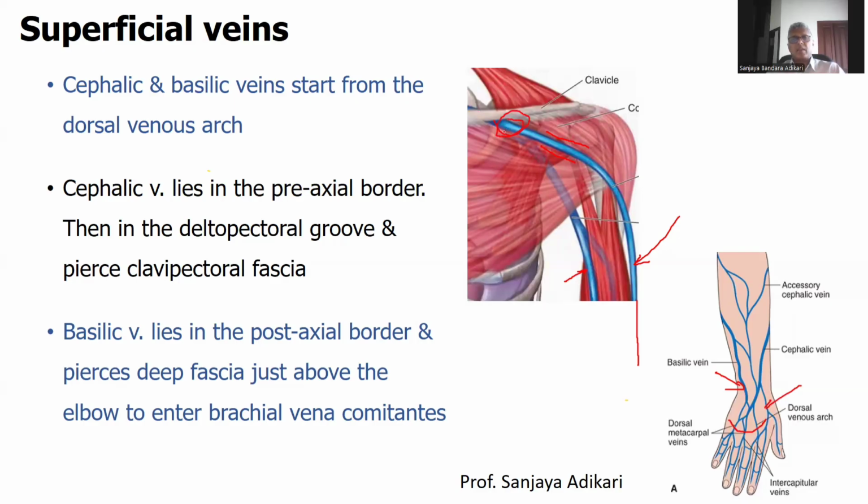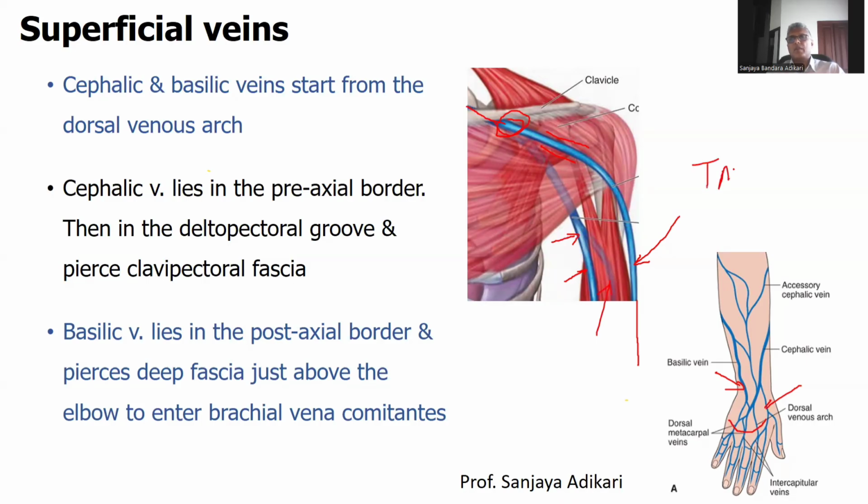The axillary vein becomes the subclavian vein at the outer border of the first rib. That's how it goes. On the other hand, the basilic vein pierces deep fascia in the lower part of the arm, goes in, and joins the brachial venae comitantes. These are the brachial venae comitantes, and they form the axillary vein. And usually this happens at the lower border of the teres major muscle.